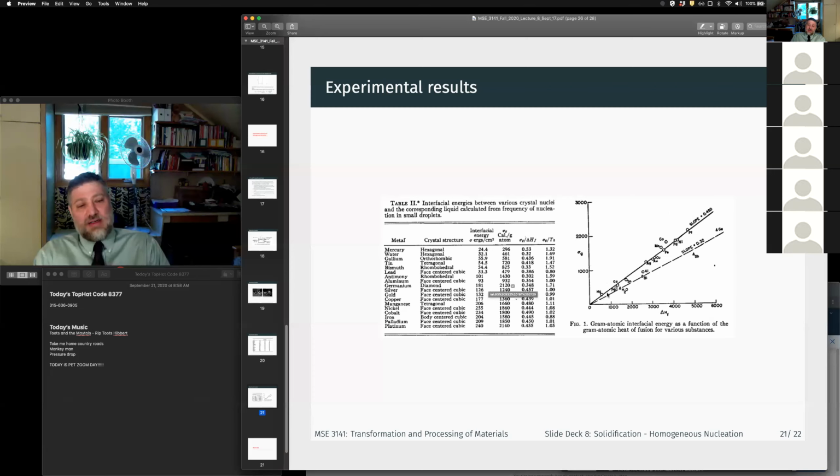And you can see that for the different crystal structures, you do get that, with aluminum being a little bit of an outlier. So what this seems to suggest is that the interfacial energy for aluminum, as reported in this table, is probably a little under what it should be. But anyway, these are a really beautiful set of experiments.